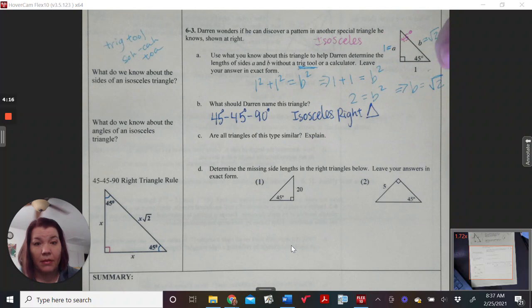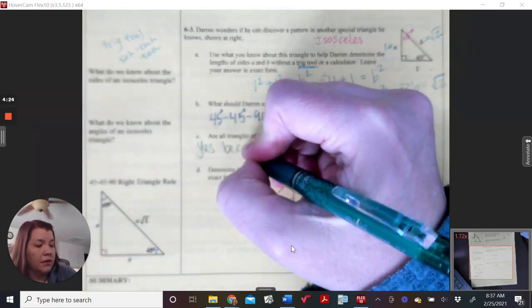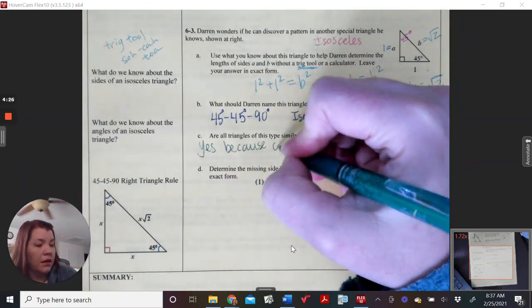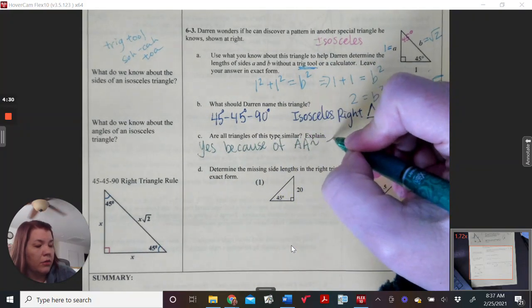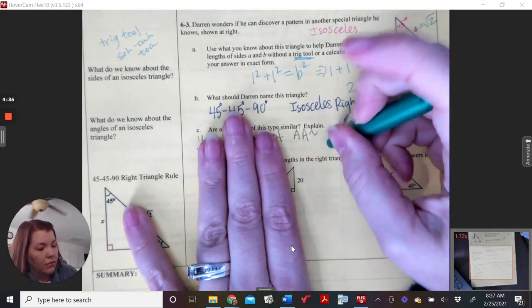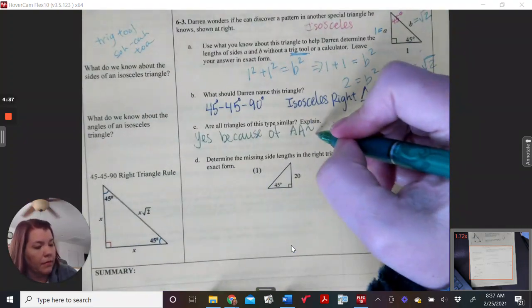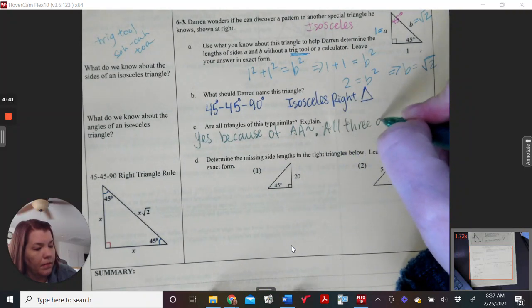So yes, they're all similar, because of AA similarity, 2 angles, all 3 angles, will be congruent.